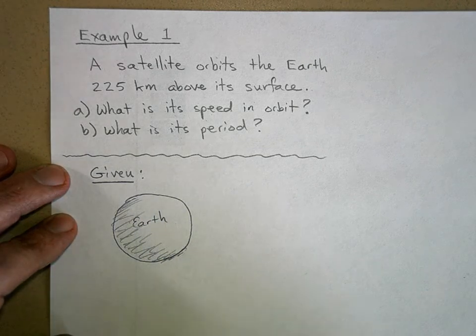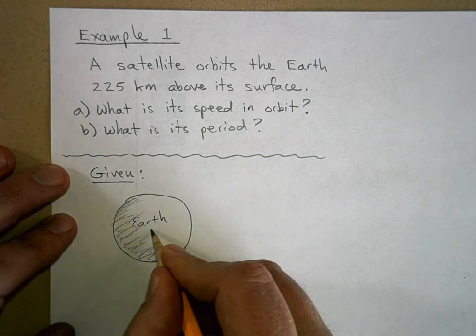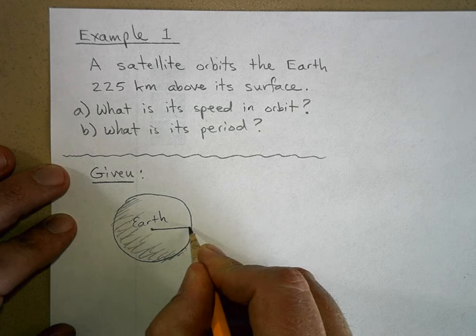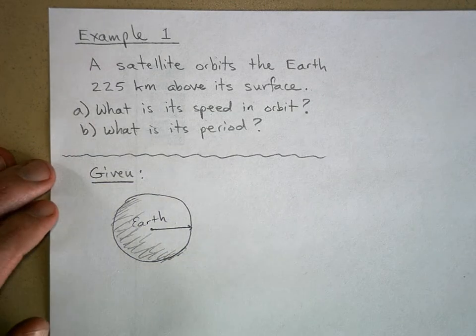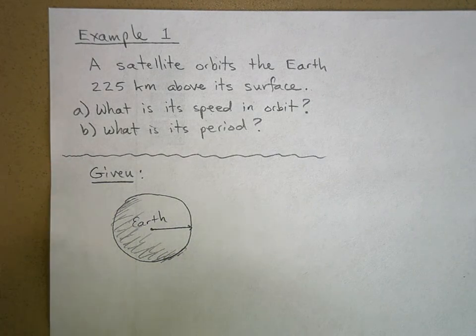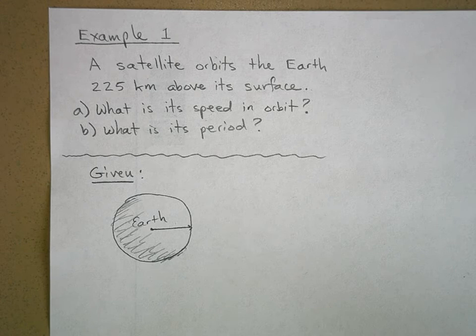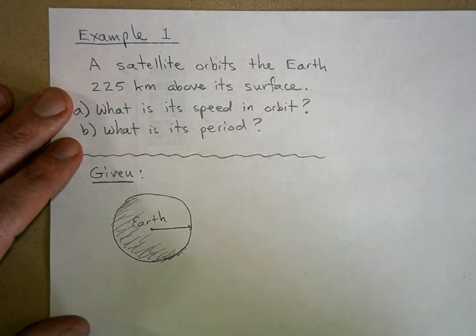Okay. Now, actually, there are some things that you need to know. Our textbook has a table of the radius of all the planets and the sun and the moon. Or you can just Google, what is the radius of the Earth in meters? You need to know it to solve this problem.